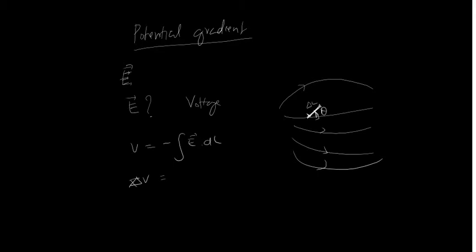That is nothing but the potential difference between these two terminals, which will be E dot delta L, right? Or E delta L cos theta.